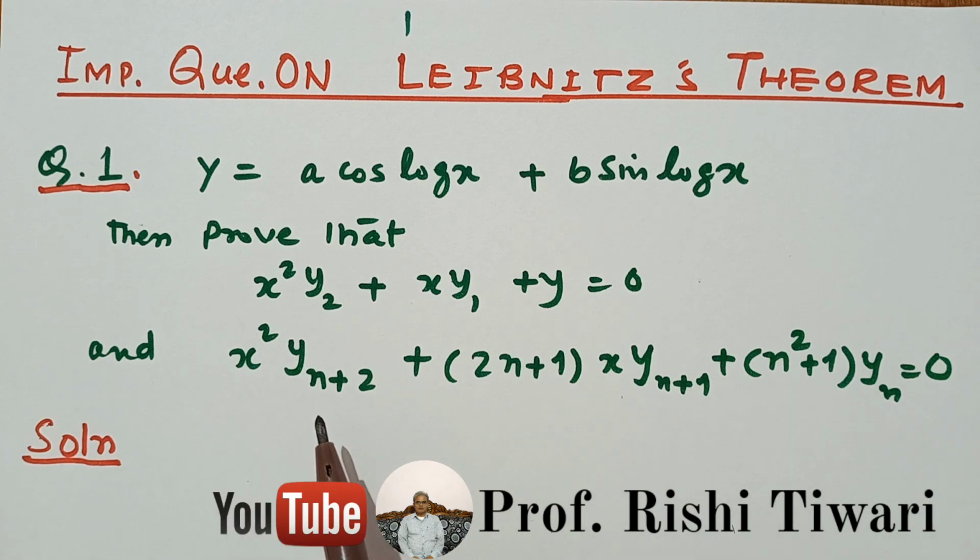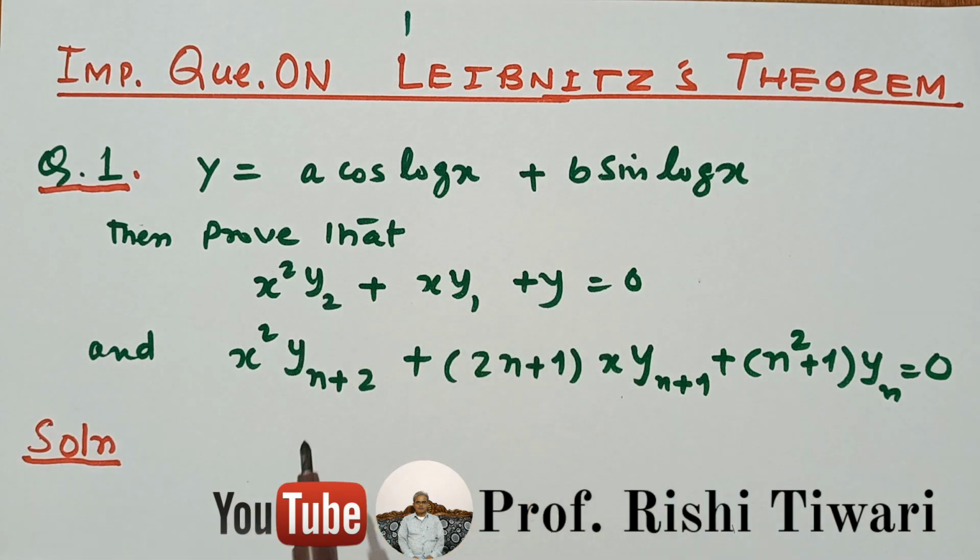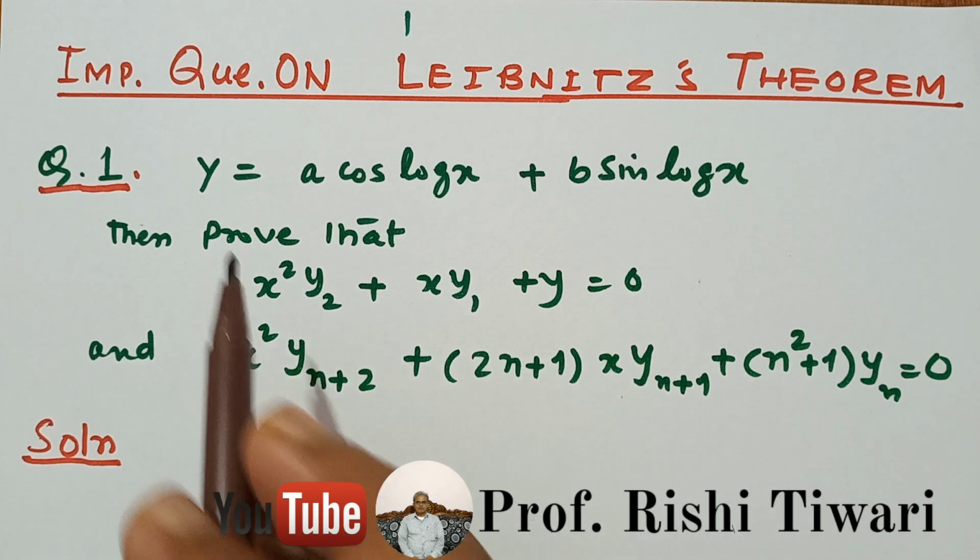So in each question, if you have any problem in y(n+2), first you differentiate the given expression 2 times, and then by using Leibniz theorem you differentiate n times, then our problem will be solved. Okay, so this is a very easy question.